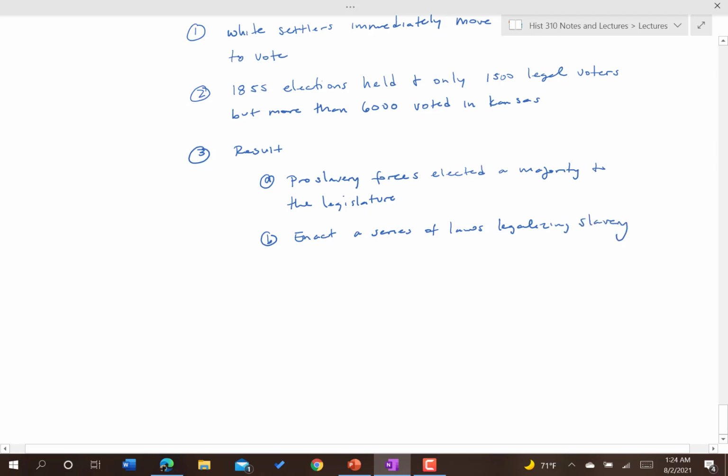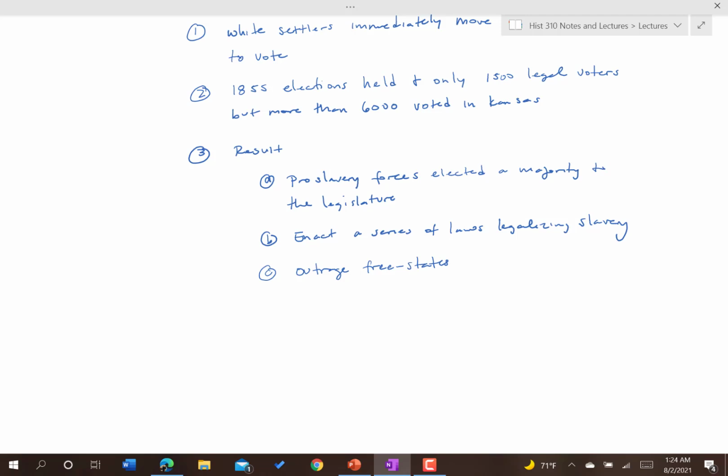Of course, here's the outrage and unhappiness. This outrage, what were called Free Staters, which was, of course, the Northerners and abolitionists and everyone else, the Free Staters were very ardent about all states coming in as free.